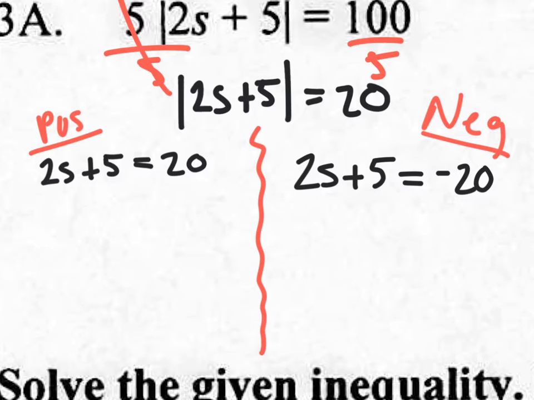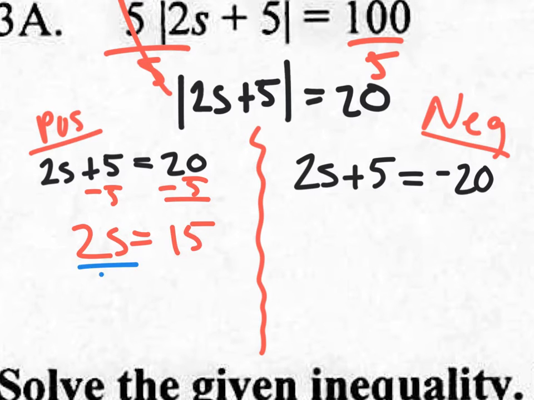And once again, if this were a greater than symbol, then you'd have to flip it to become a less than symbol. Or if it were less than, you'd have to flip it to become a greater than. But because it's equal, if you flip the equal sign, it still says equal. Anyway, now you have it set up. Now you could solve both. On the positive situation, subtract 5, you're going to get 2s equals 15.